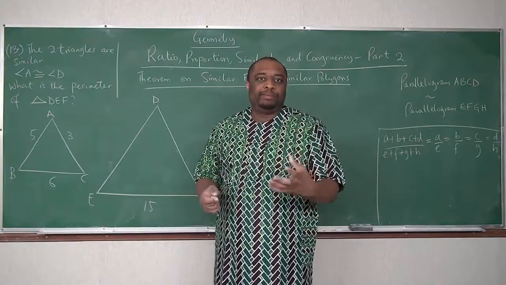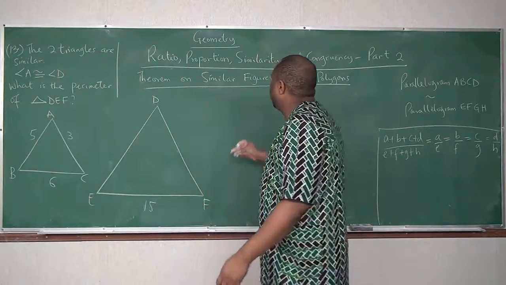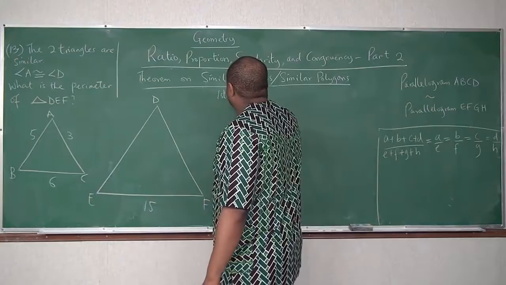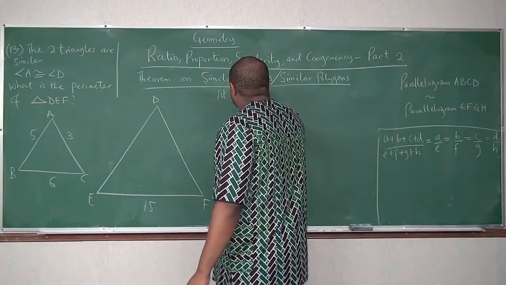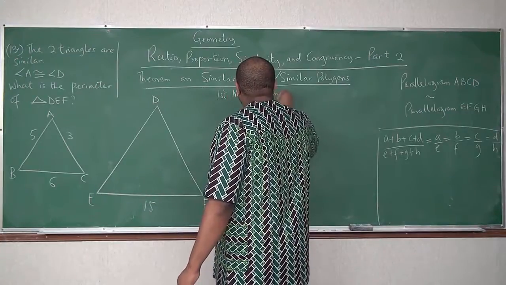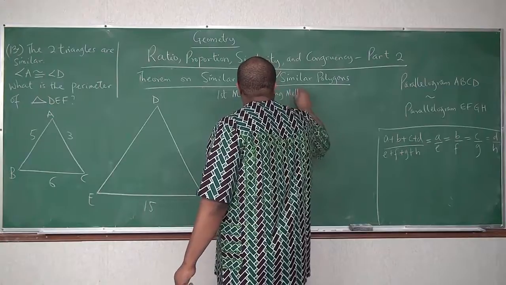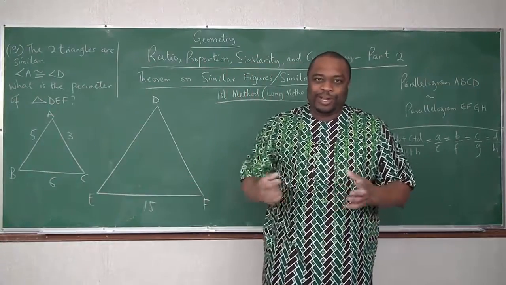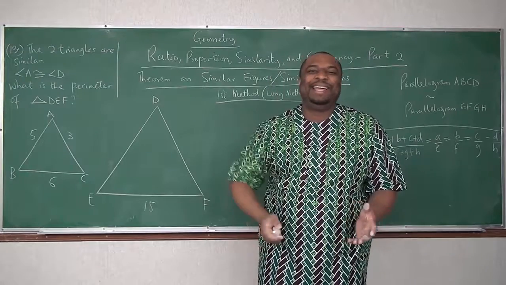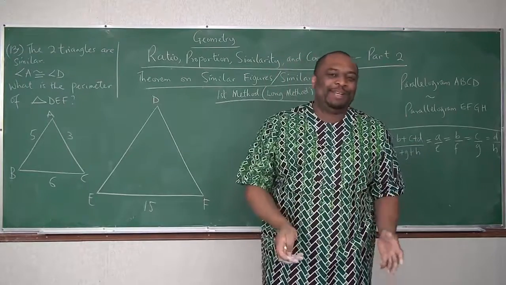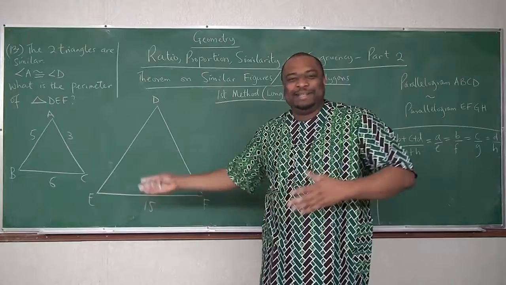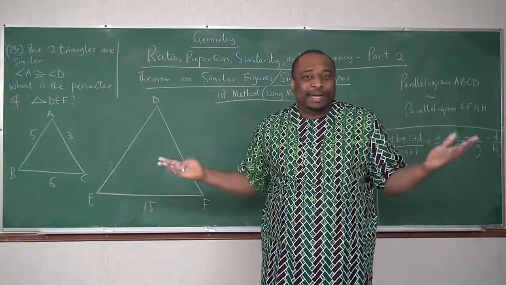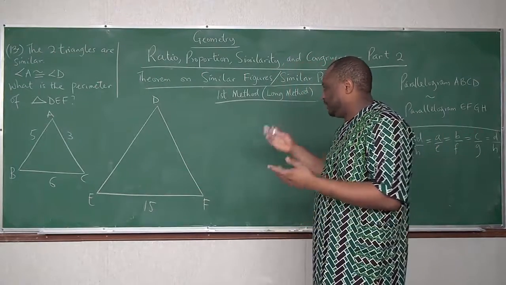That is what some people will do. First method, and that is a long method. It is still correct if you are not working with time. If you want to use it, that's fine. So let us do that.